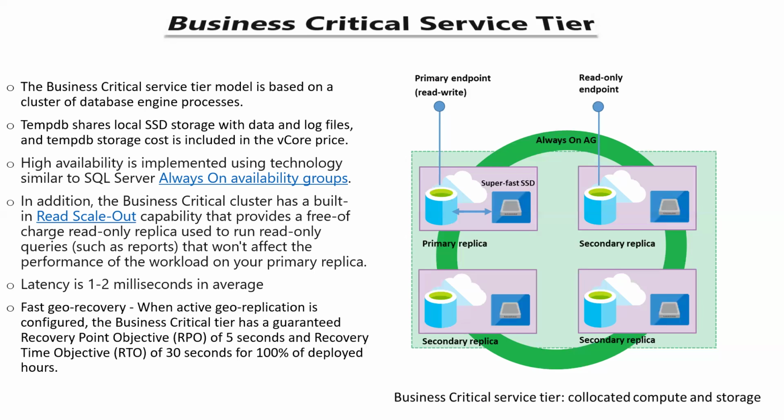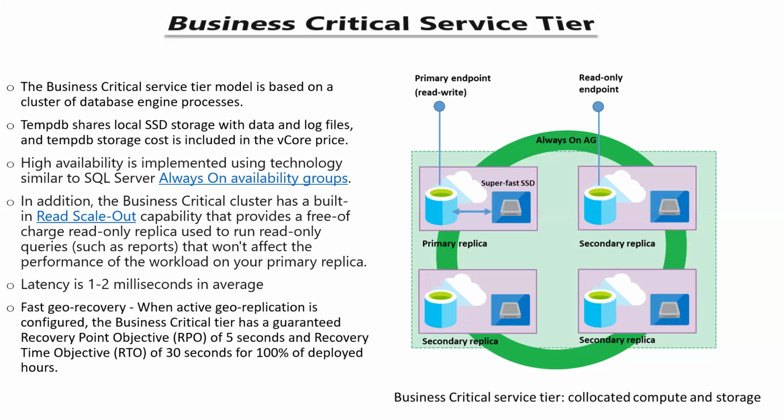They will understand the differences between general purpose and business critical, and why business critical is faster than general purpose. General purpose uses the local SSD for TempDB, and MDF and LDF files are stored in the blob storage. Here, latency is 5 to 10 milliseconds.